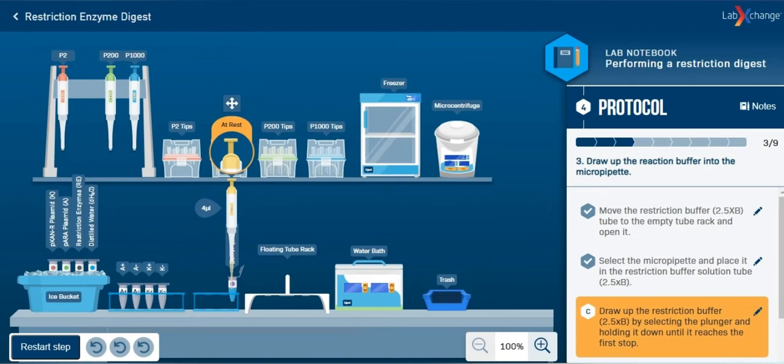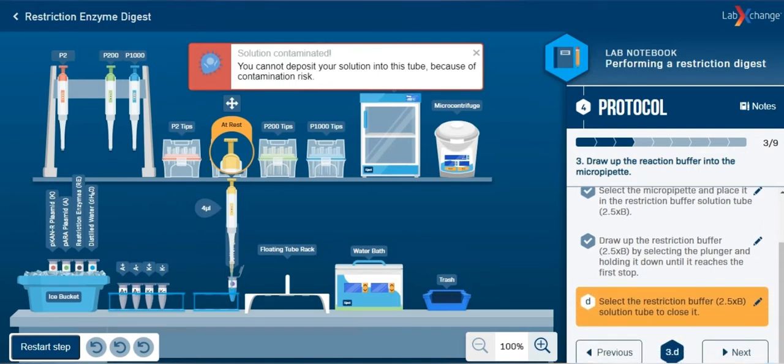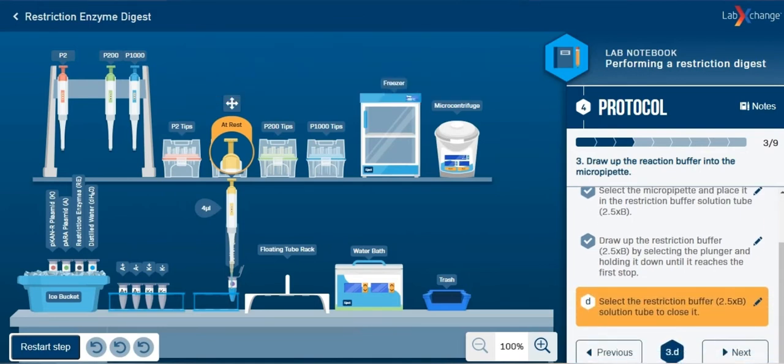Draw up the restriction buffer by selecting the plunger and holding it down until it reaches the first stop. Then close the restriction buffer.